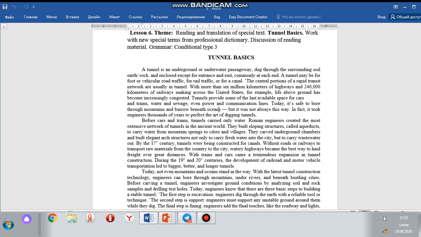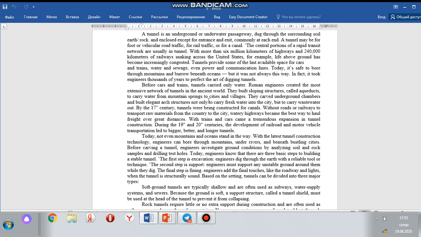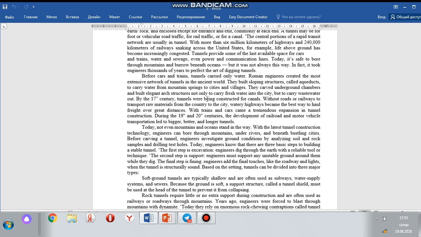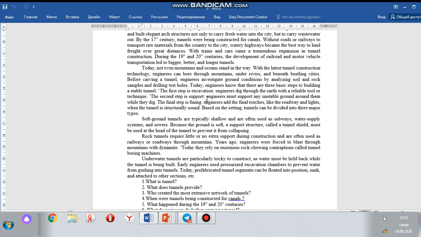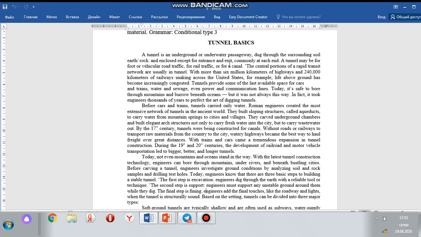Yes, and so first of all, I want you to skim the text. So our text consists of 6 extracts, and the first extract tells us what is tunnel and what for it is used.